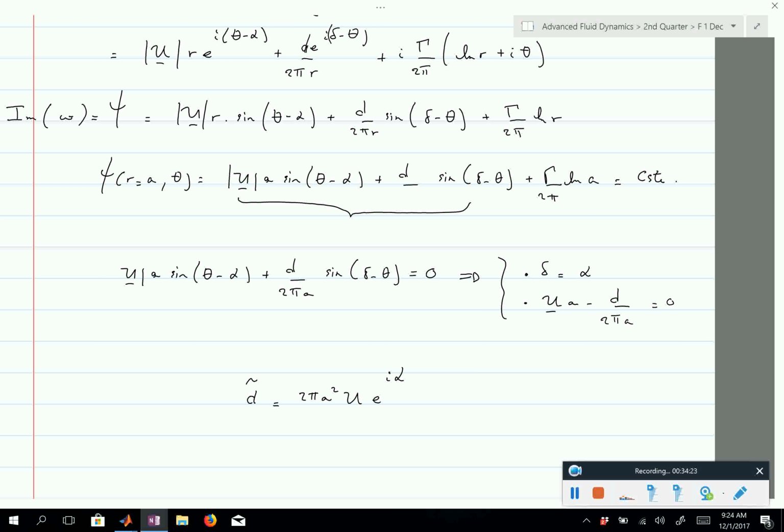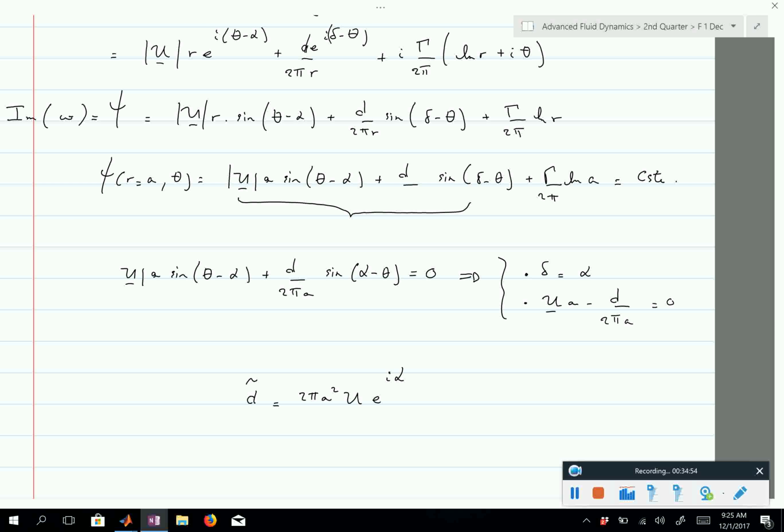Why is there a minus between UA and D? So because here, you need to make sure your two sines have the same phase. Right? So you agree that delta has to be equal to alpha. So here, once you put an alpha here, sine alpha minus theta is minus sine theta minus alpha. Right?